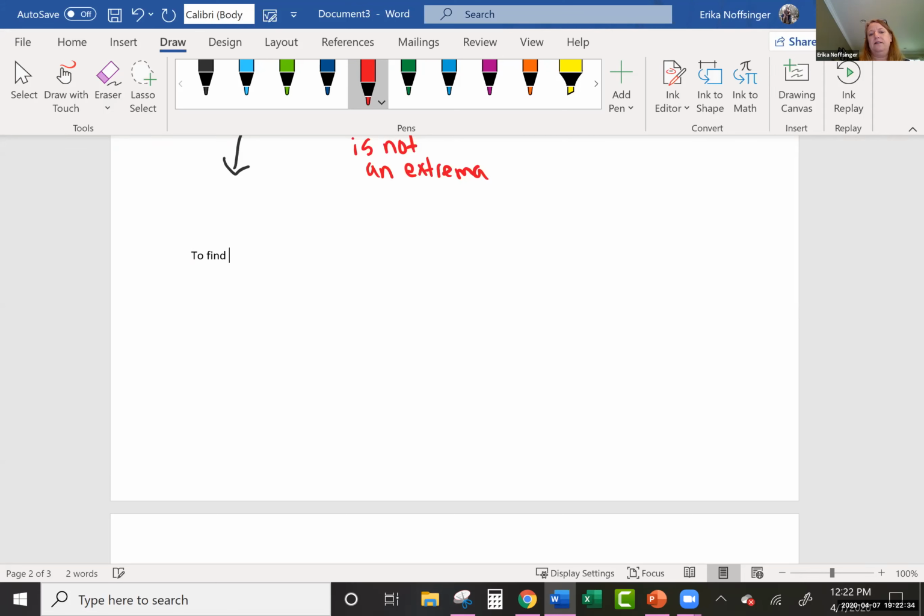So to find when a function is increasing and decreasing, we want to find the first derivative and find the values where the first derivative is equal to 0 or the first derivative is undefined.